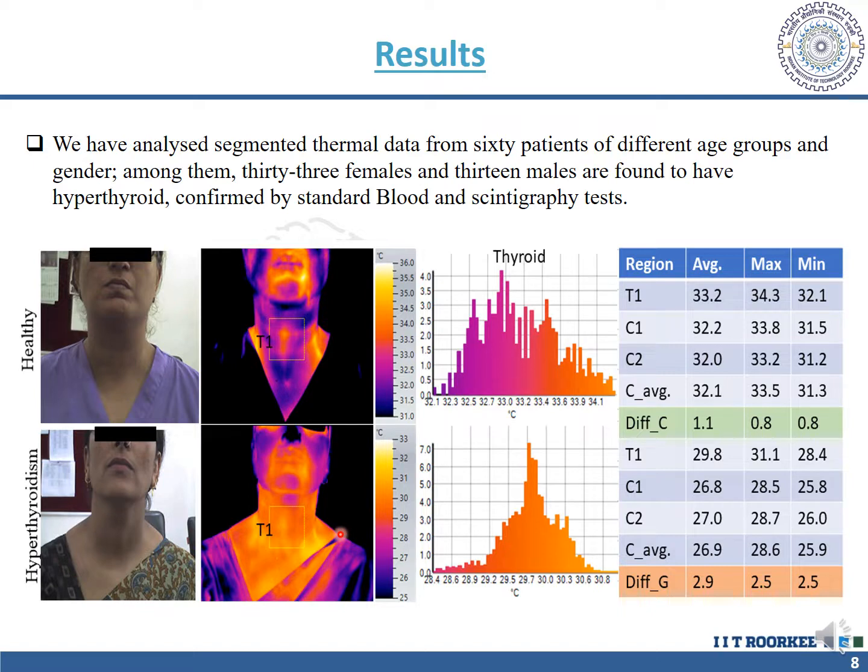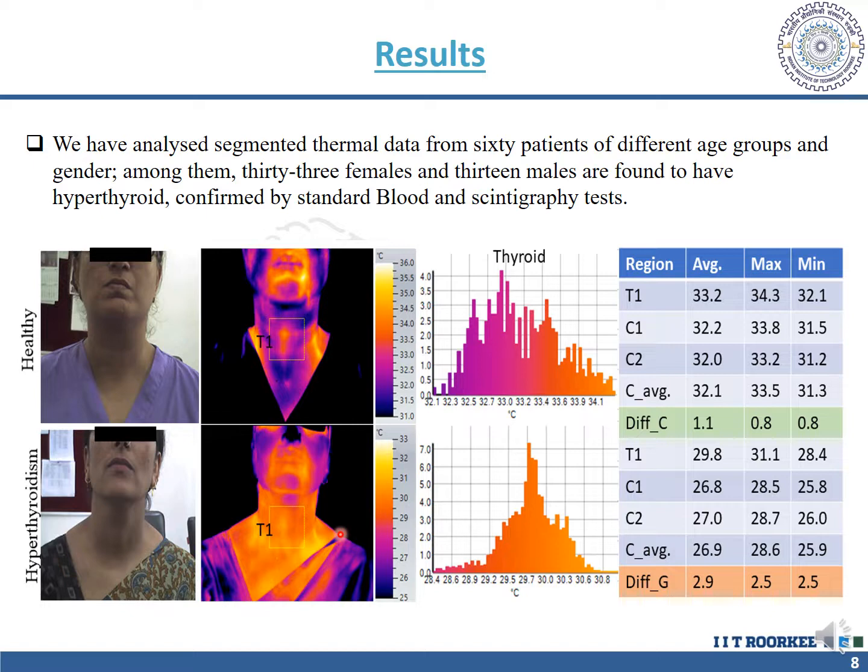Here, the first row is the data for the healthy person, and the second row shows a person with hyperthyroid. So, for our study, we have taken two imaging biomarkers. First of all, the difference of the throat and the average cheek temperature values, which is shown as difference C. Second imaging biomarker is the difference of the throat and the cheek C2 value, then the difference of these values.